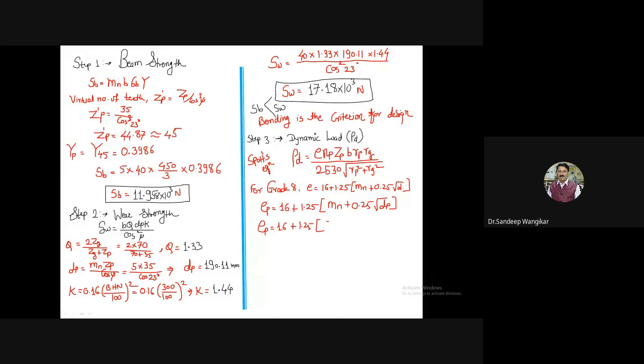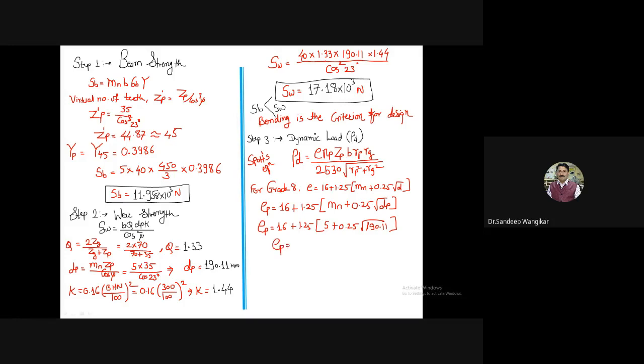It is the 5. Mn value is given 5 plus 0.25, and we have calculated the value for dp as 190.11. So I will substitute here the value 190.11. So you will get this error for pinion.